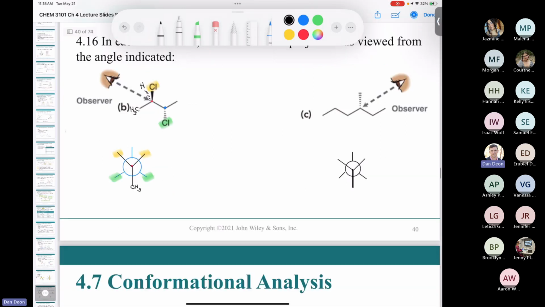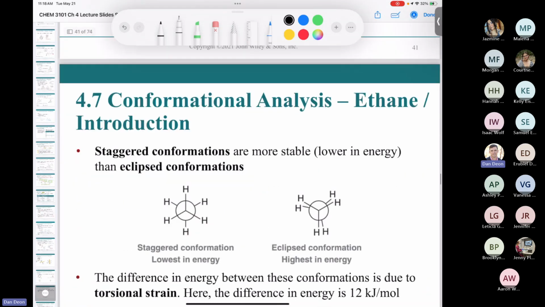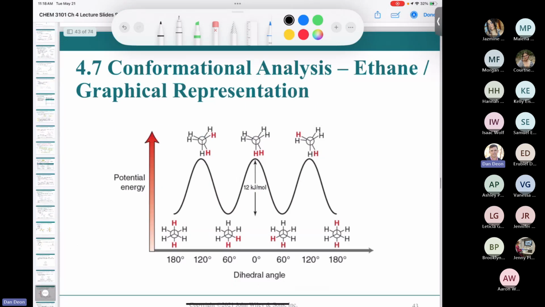After that, once we're done with Newman projections, we're going to get into what's called conformational analysis, which will involve a little bit of me going back and forth in between the slides and me just acting it out with my model, so to speak. And so be sure to read this section about staggered and eclipsed, and then the conformational analysis of ethane, propane, and butane.